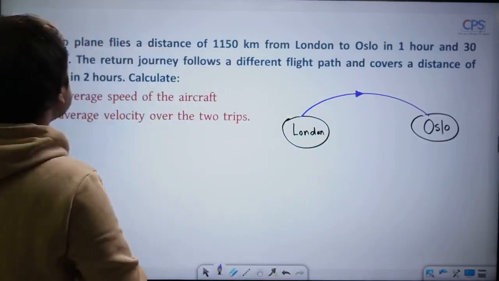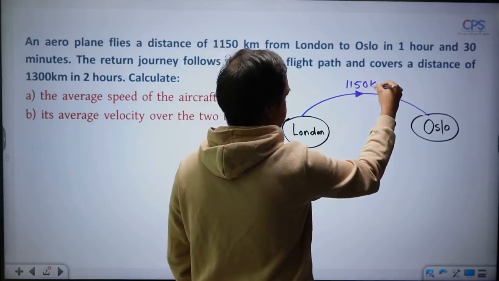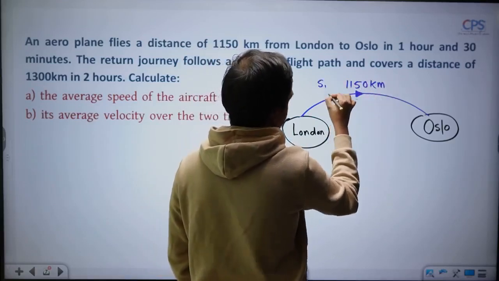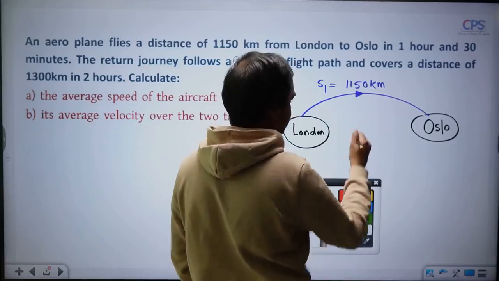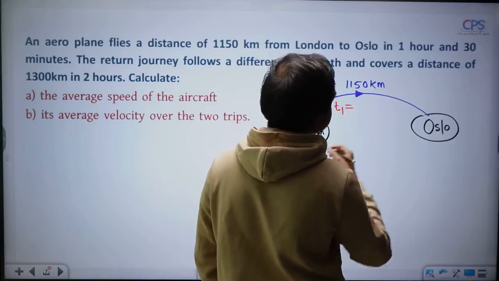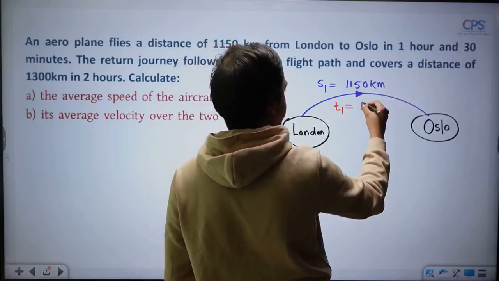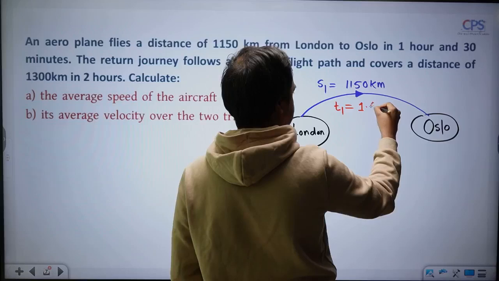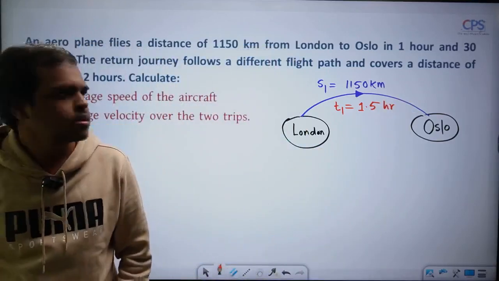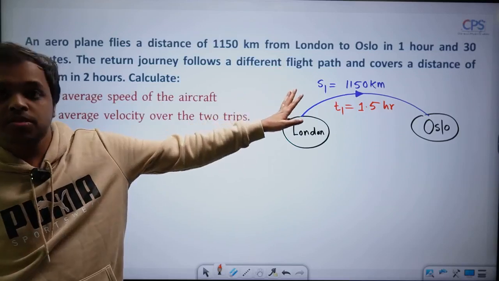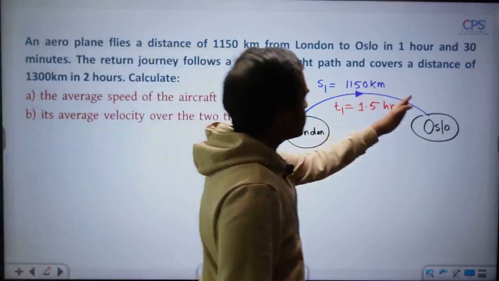This flight path covers 1150 kilometers, so that's S1, and the time taken is T1, let's say 1.5 hours. Does anyone have a confusion about it? 1 hour and 30 minutes means 1.5 hours. So this is the first flight.